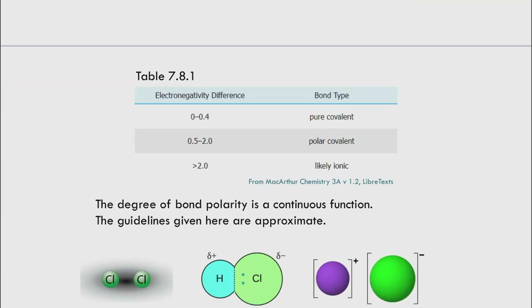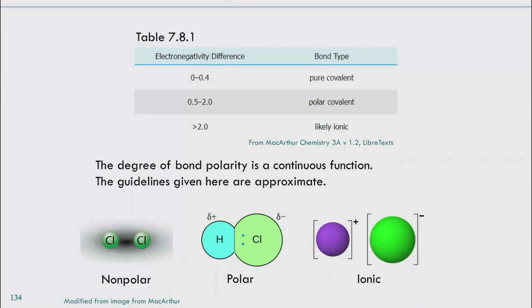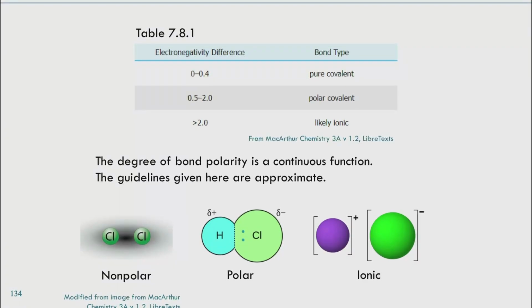Here's a general rule of thumb, general guidelines for whether something's nonpolar covalent, polar covalent, or ionic. Our cutoffs are basically 0.4 and 2.